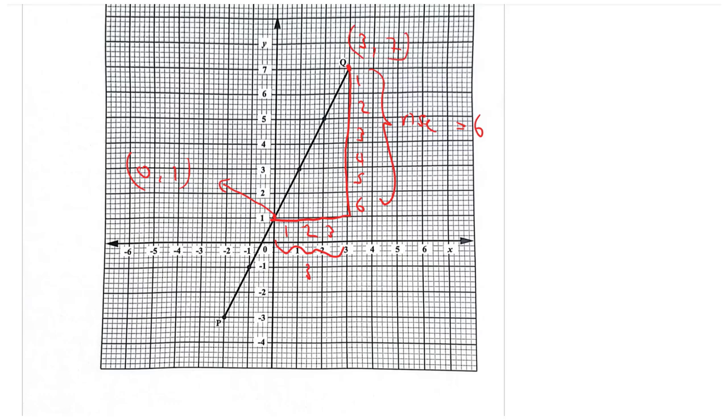So what we could do now is label them x1, y1, and this is x2, y2. So the gradient now would be y2 minus y1 over x2 minus x1. So if we look at these now, we're going to have 7 minus 1, that's 6, over 3 minus 0, that's 3, and we get 2.